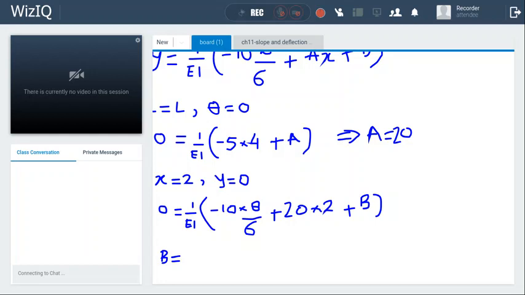B is equal to 40 by 3 minus 40, which gives you, on simplification, the value minus 80 by 3.